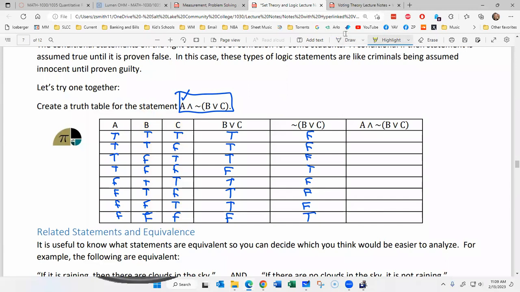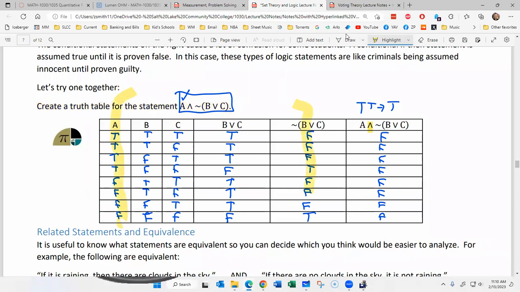And now we're doing the and. I can already start. The ands are almost always false. The only way they're not is a true, true makes a true. So we're looking at A. Oh, there we go.